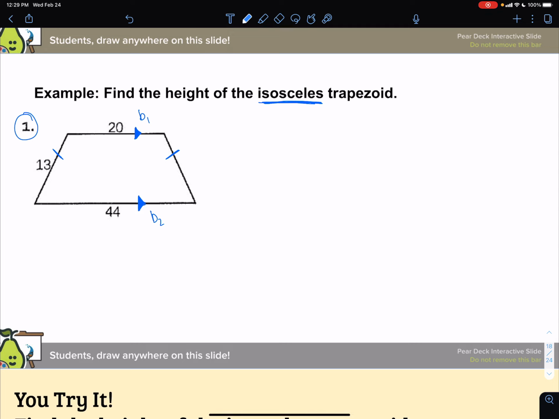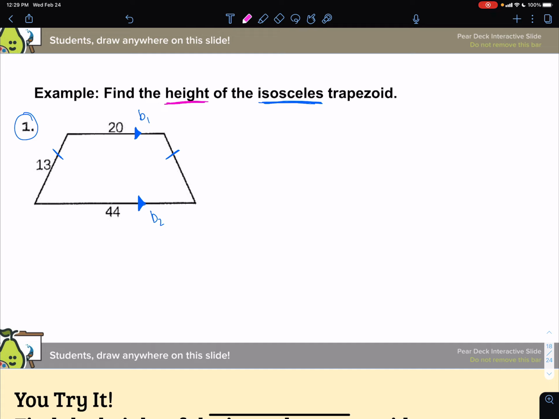And so what we want to do here is find the height of our trapezoid. And to be able to find the height of our trapezoid, of course, we need to know what the height is. Now, back in trimester 1, we did a lot of work with finding areas of things, and actually, we did a lot of work with finding areas of trapezoids. We talked a lot about how area is normally based around a figure's base and its height.